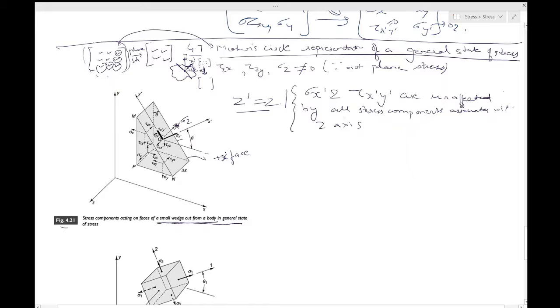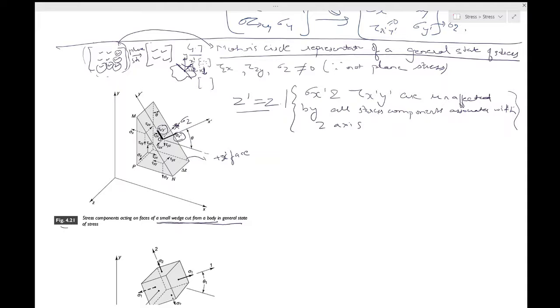This is the claim which the authors make.